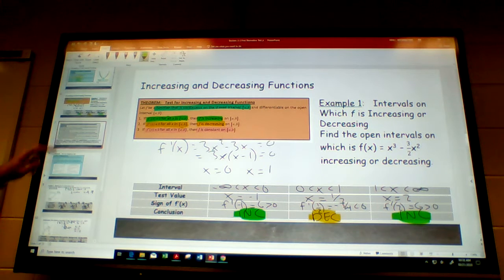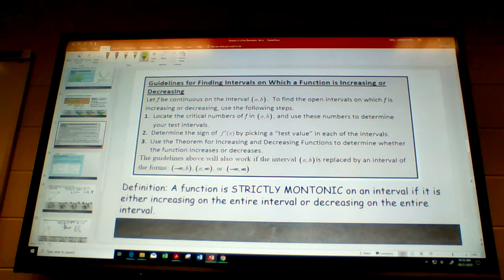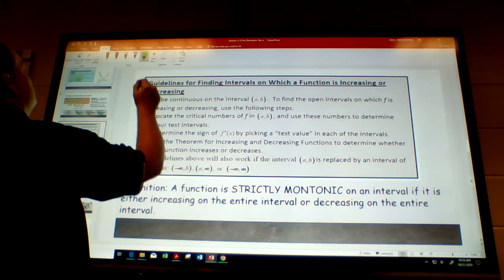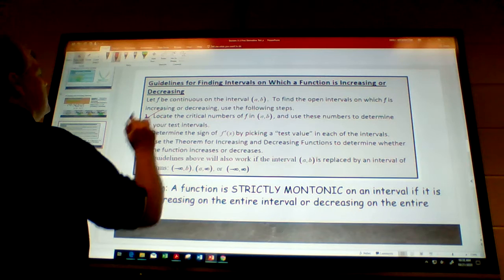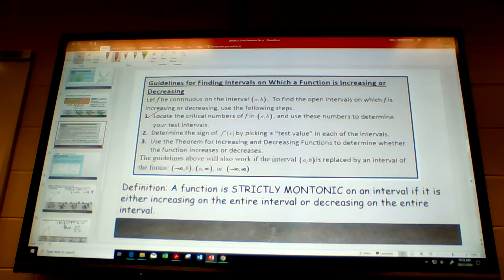Okay. Now, guidelines for finding intervals on which the function is increasing or decreasing. First, let f be continuous on the interval. To find open intervals which are increasing or decreasing, locate the critical numbers and use these numbers to determine your test intervals.